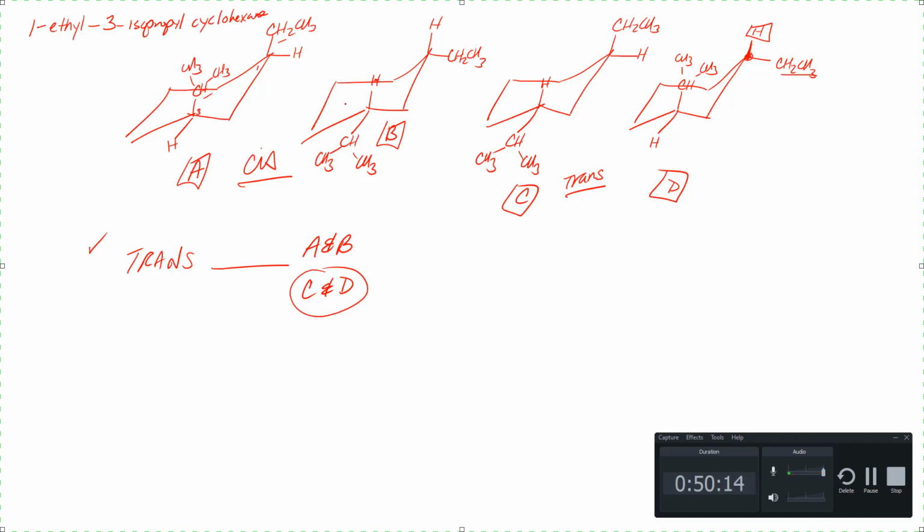So now we've got our four conformations, labeled cis and trans. The last thing is, which is the most stable conformation, and which is the least stable?